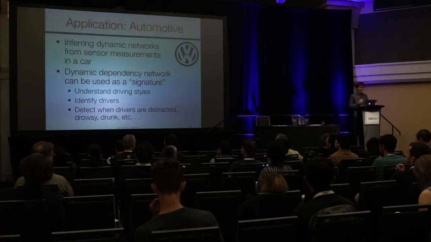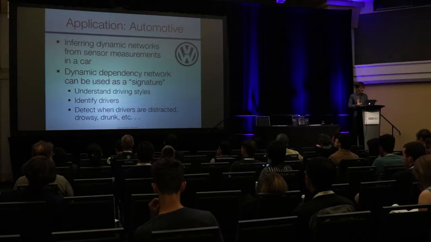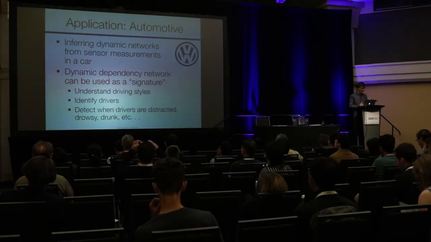So we were able to get that anonymized data and started asking, can I infer this dynamic dependency network and use them as signatures of the state of the car, or what is happening with the car, to both understand driving style, identify drivers, detect when drivers are drunk or distracted or drowsy, things like that.